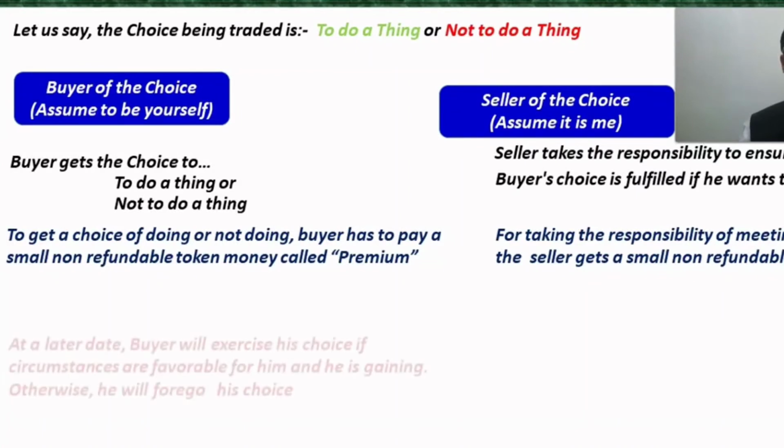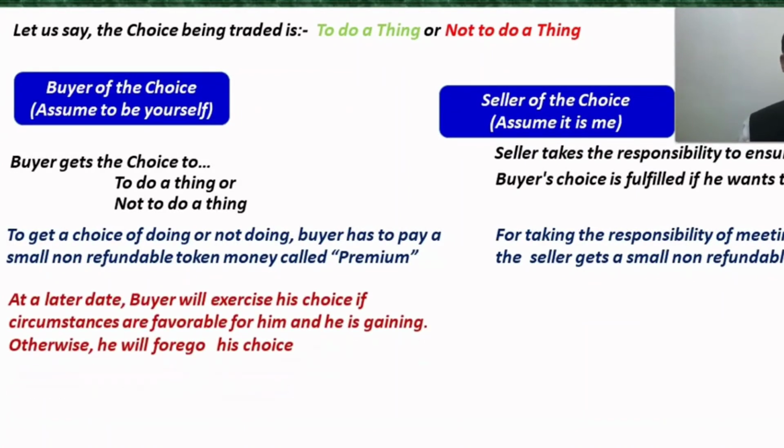All right. Now comes the time at a later date to exercise the choice. The buyer, or you as a buyer, have got the choice of doing the thing or not doing the thing. But you will do the thing only if circumstances are favorable and you are gaining something out of it.